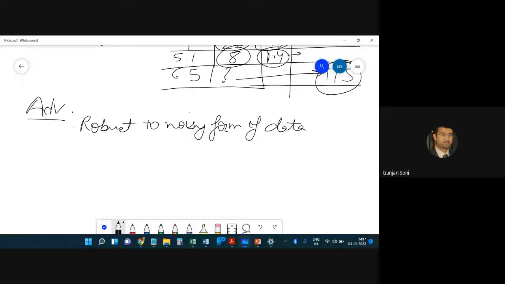The research in KNN goes into what formula we should use to calculate the distance. So if there is a lot of noise in the data, you can use the inverse square of the weighted distance. Okay, so that can be used, and it is also very much effective for large data sets.